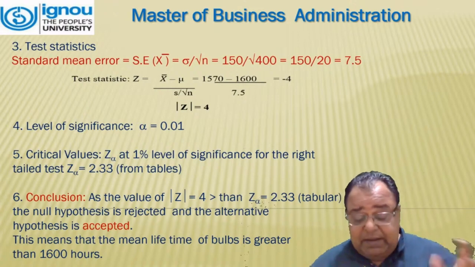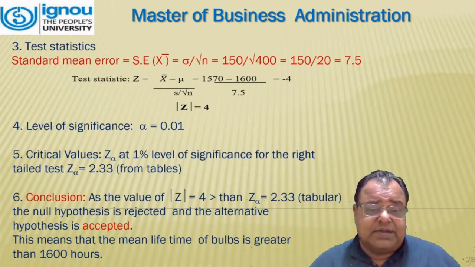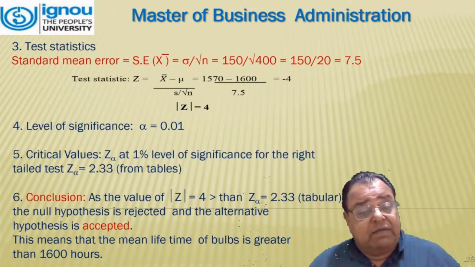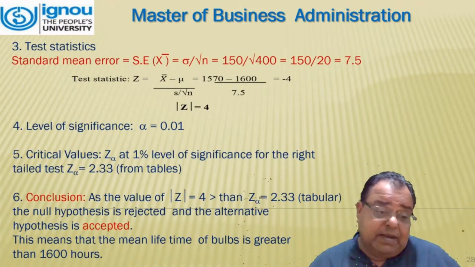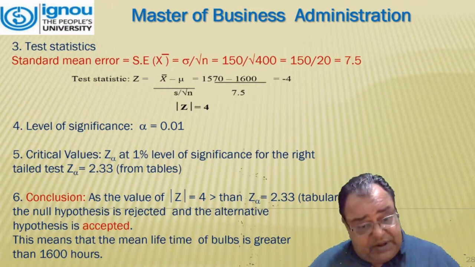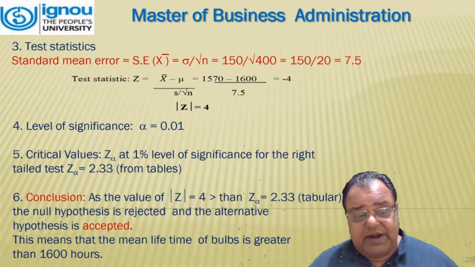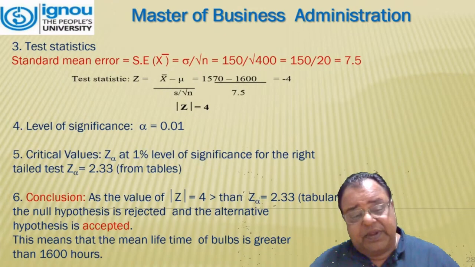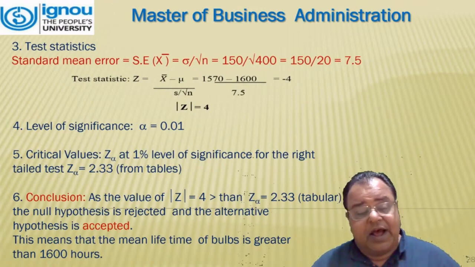From the table at 1% level of significance, Z alpha is 2.33. Here, our calculated value is 4 and the tabular value is 2.33. Here, the null hypothesis is rejected and the alternate hypothesis is correct. That is, the mean life of bulb is greater than 1600 hours.